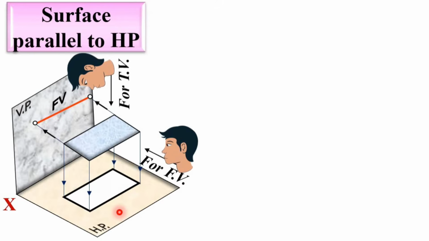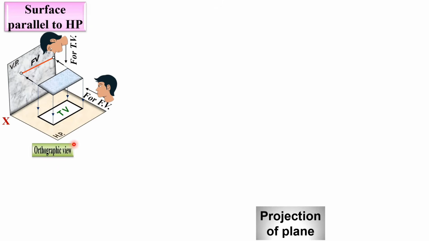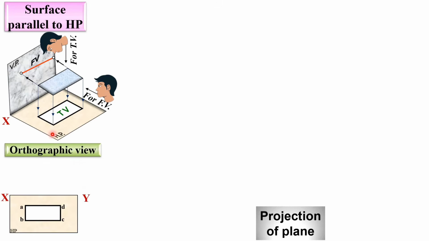This is the top view. Now draw it by the orthographic view. Below XY there is the top view, and above XY there is the front view. So it is a very simple figure for the plane which is parallel to HP, and this is the projection of the plane parallel to HP.